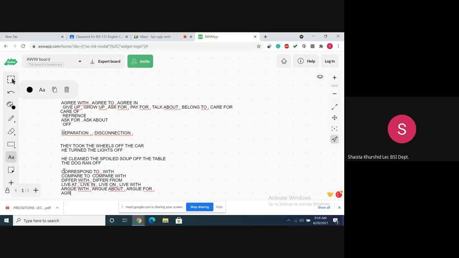Or the first one is the agree on, in, with, और to. ठीक है? अब आप एक एक बंदा मुझे बताएं. Correspond to, correspond with, compare to, compare with, differ with, differ from, live at, in, on, and with, argue with, about, and for, and agree on, in, with, and to. आप लोग मुझे बता सकते हैं.